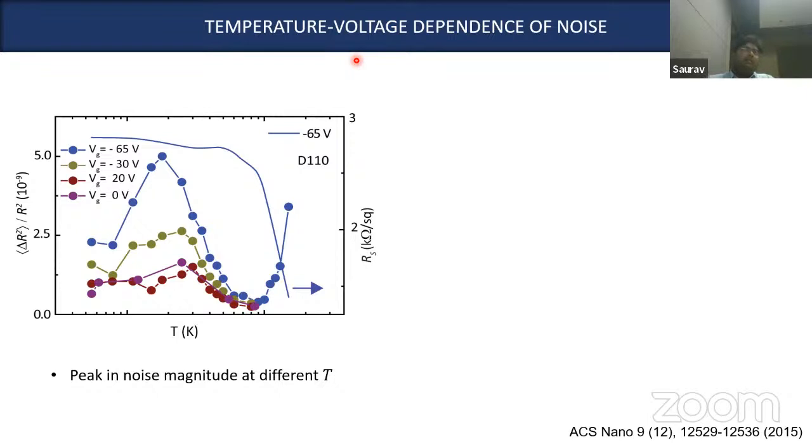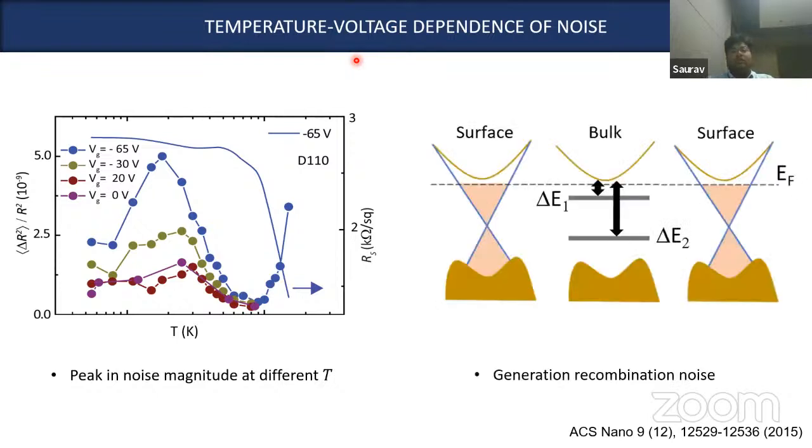In general, these arise due to what is called generation recombination noise. That arises due to random charge reorganization of the background, via interband transitions between the impurity bands and the bulk and the conduction band in this case.